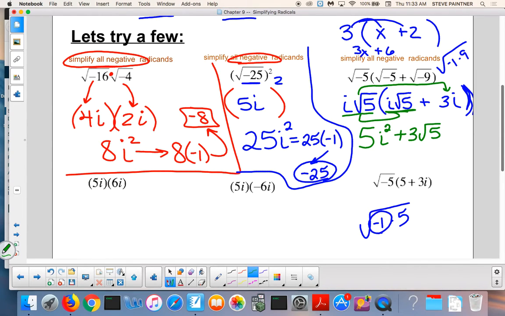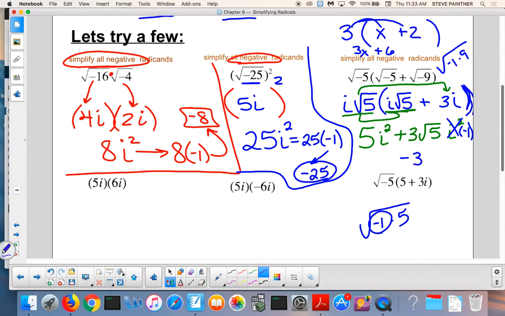And then, wait a second, I times I, squared. Now the I squared could be in between the 3 and the root, but I don't care right now. What do you know about I squared? It is negative 1. So if I went like this, would you understand what I'm doing? Cross it out. Just put times negative 1. So what's negative 1 times 3 root 5?